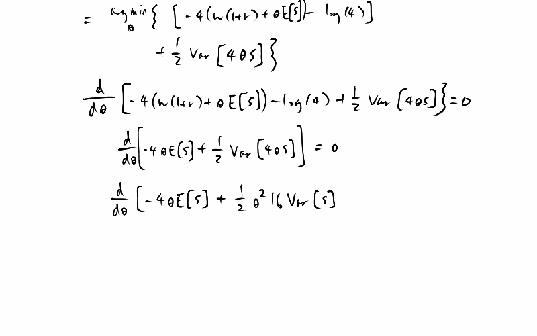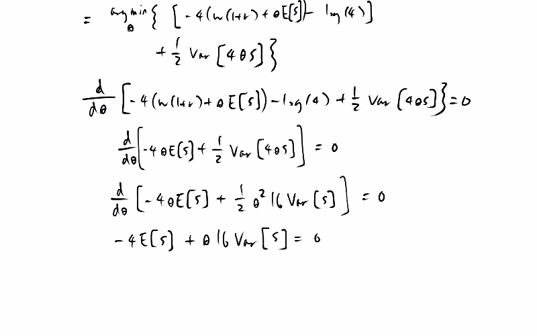All right. Finally, let's take the actual derivative. You get -4 ES plus 2. The 2 cancels out, right? You pull down the 2, it cancels out, so it becomes theta 16 variance S equals 0.